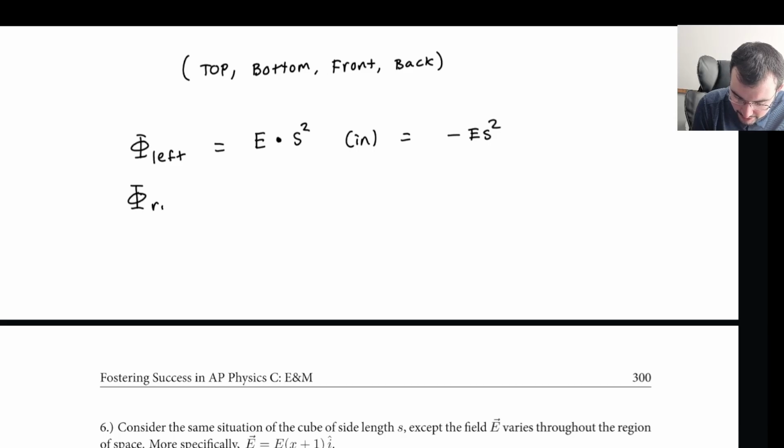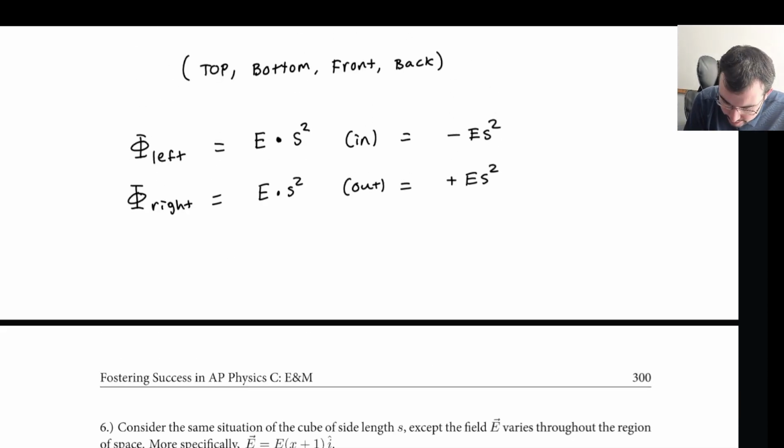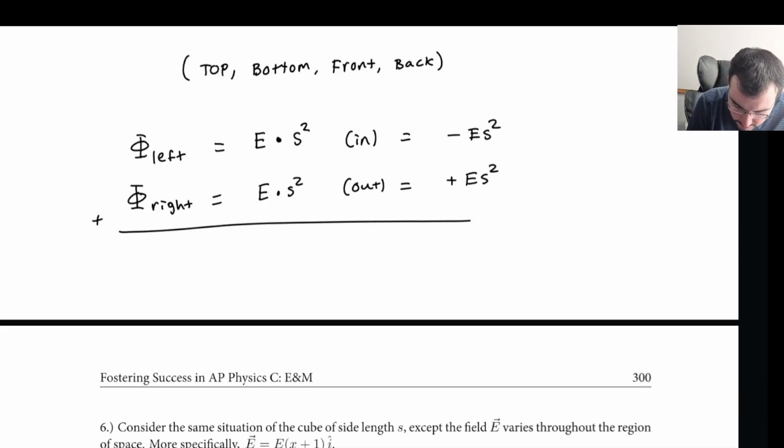And then if we do phi from the right, it's a similar story, except this is where the field lines exit. So we see that as expected, our net flux through all 6 faces is going to be 0.